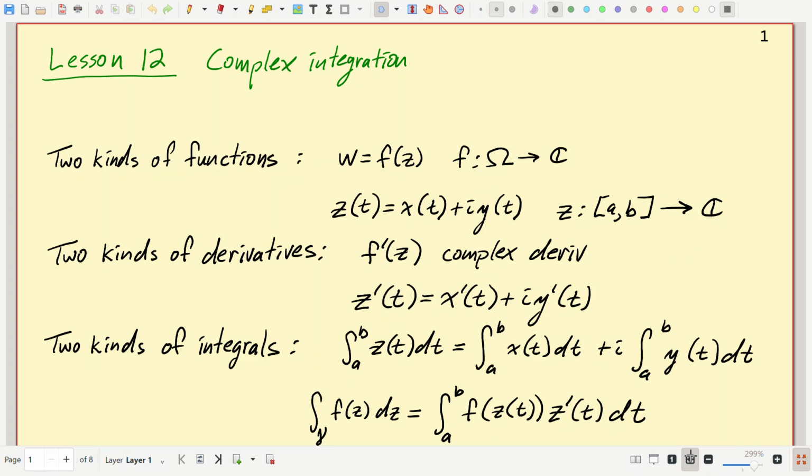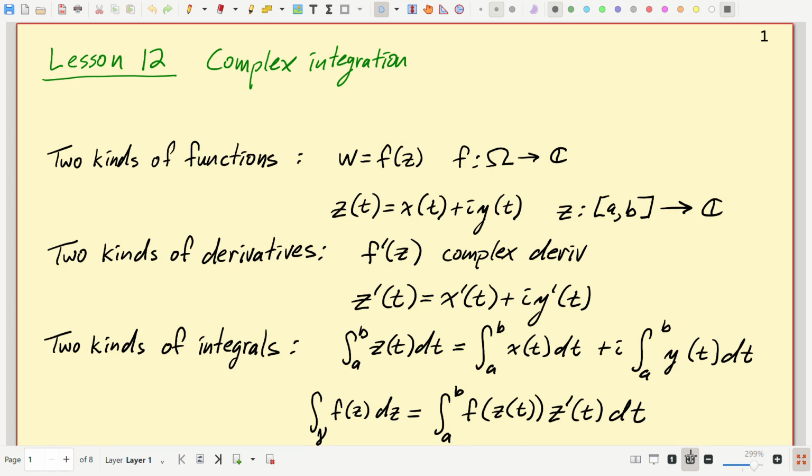So last time I introduced complex integration, and in the process I had to first come up with a simple kind of integral that involves complex functions of a real variable. That's step one because that's part of the definition of the complex version. So we've got two kinds of functions now, the analytic ones that we've been studying.